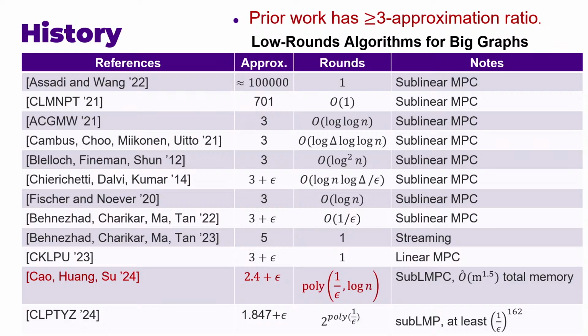We count this poly(1/epsilon) in their paper as at least 1 over epsilon to the 162. So if you plug in even half, this is 2 to the 162. But it's still constant in theory.